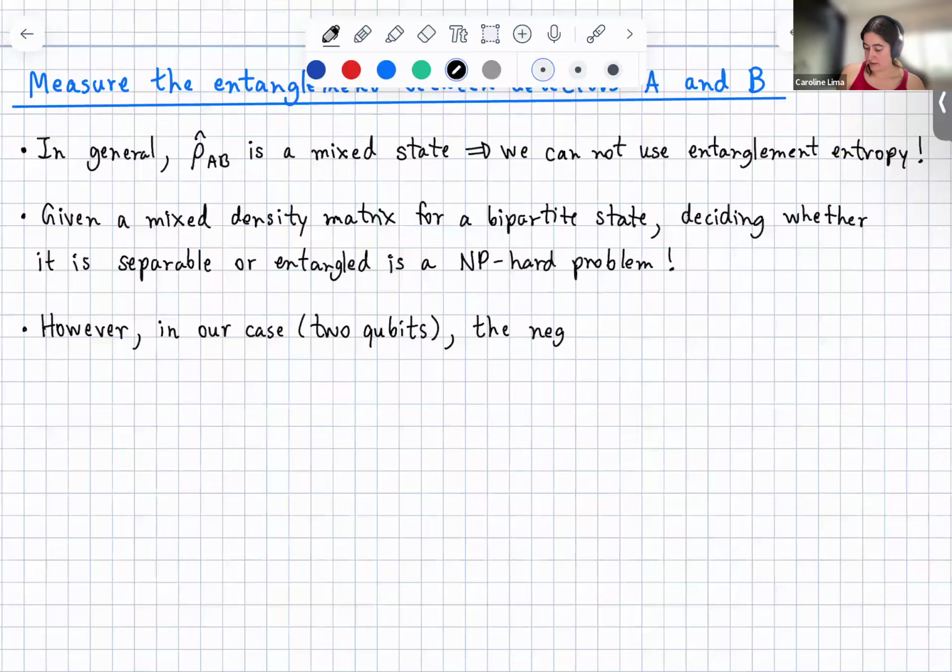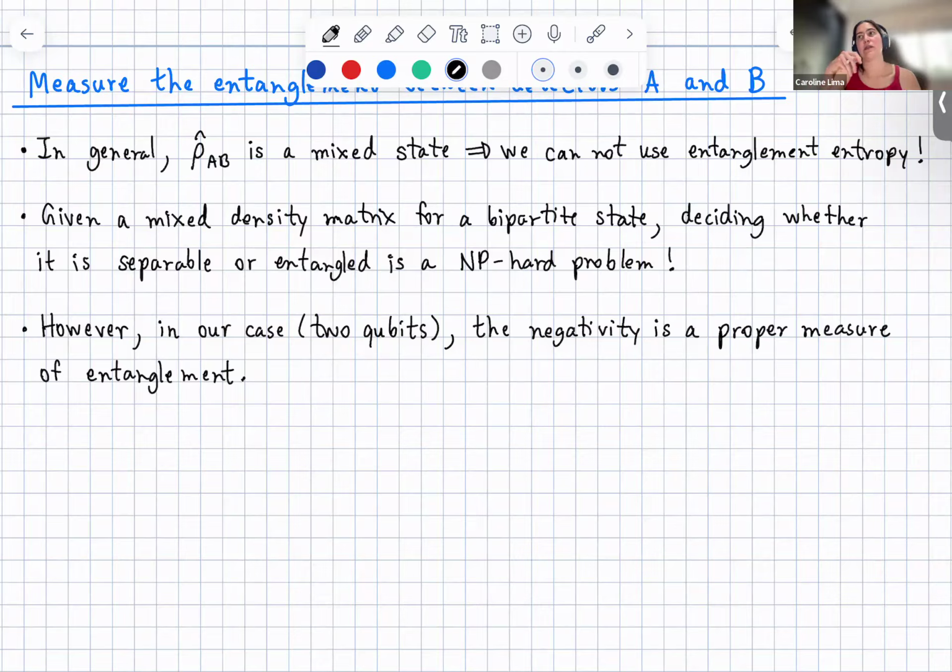So the negativity, actually it's proportional to concurrence. There are other measures as well, but the important thing is that if we just have two qubits, that is an easy task, okay? So the negativity is a proper measure of entanglement. The negativity is the one that I'm going to choose here.